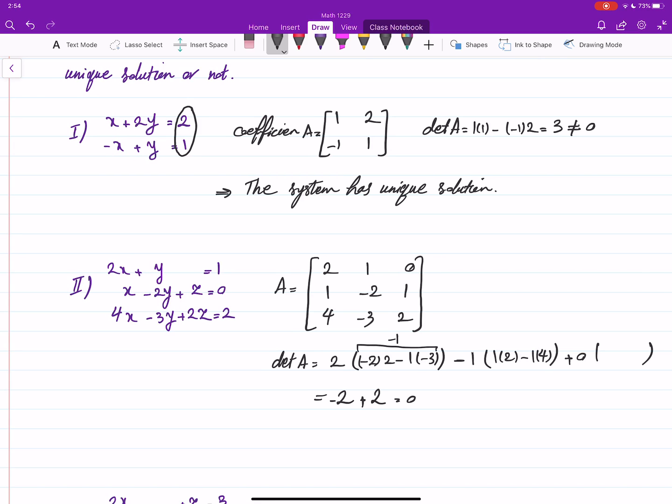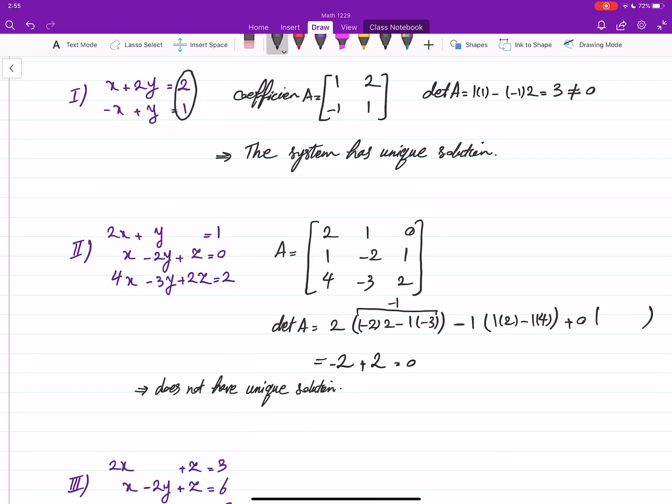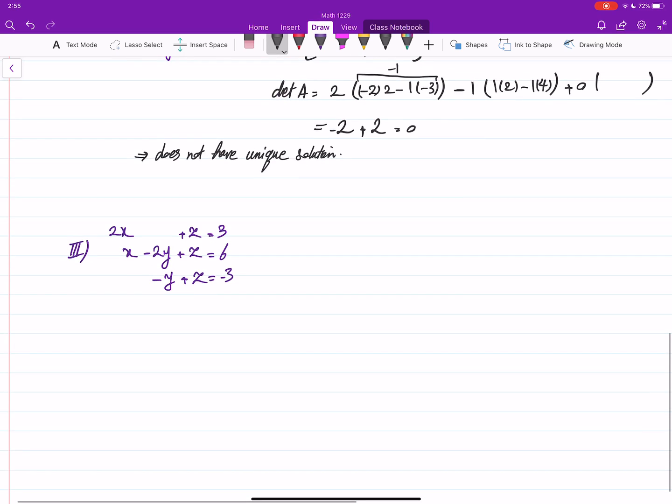So it means that the matrix A is not invertible, and then you can conclude that no, the system does not have a unique solution. And not having a unique solution has a very clear meaning. It means either it is inconsistent, meaning that it has no solution, or if it has a solution, it has infinitely many solutions.